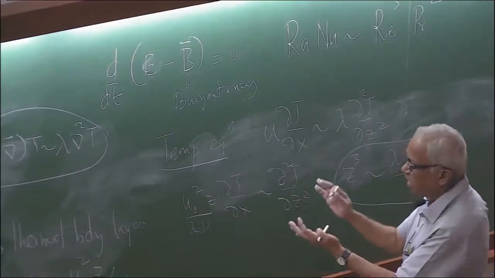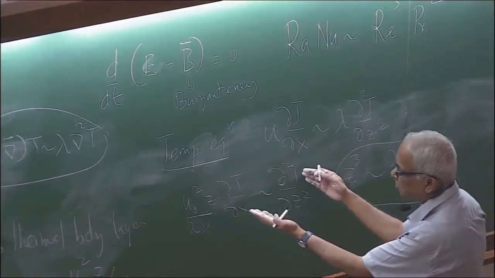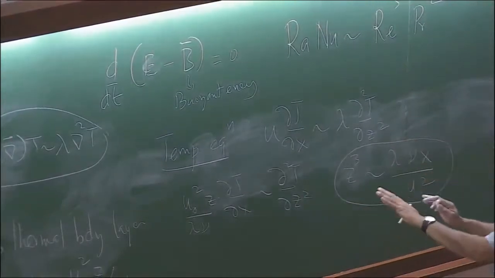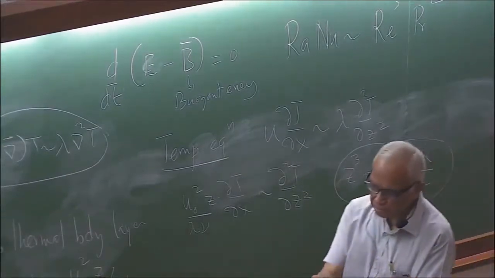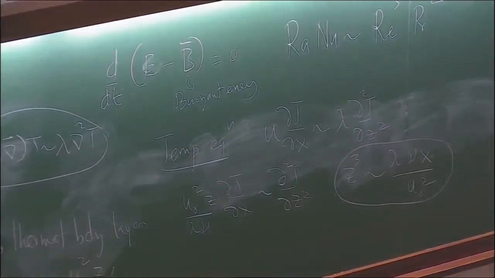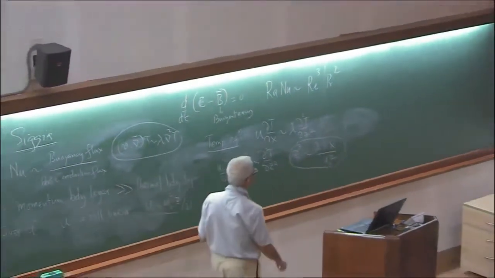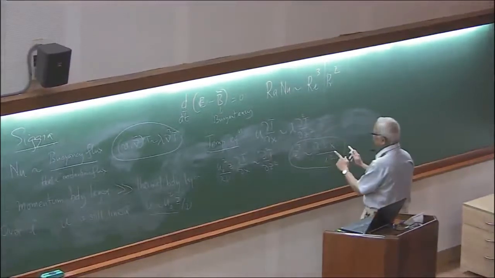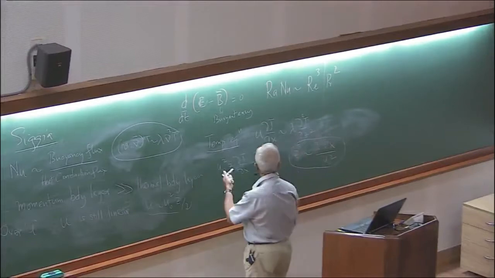Thereafter, as Siggia does, you can try to write down an approximate solution and so on and so forth, but you can argue from here that if you are talking about a small container, aspect ratio of the order of 1, then when x is of the order of d, z is going to also reach d.